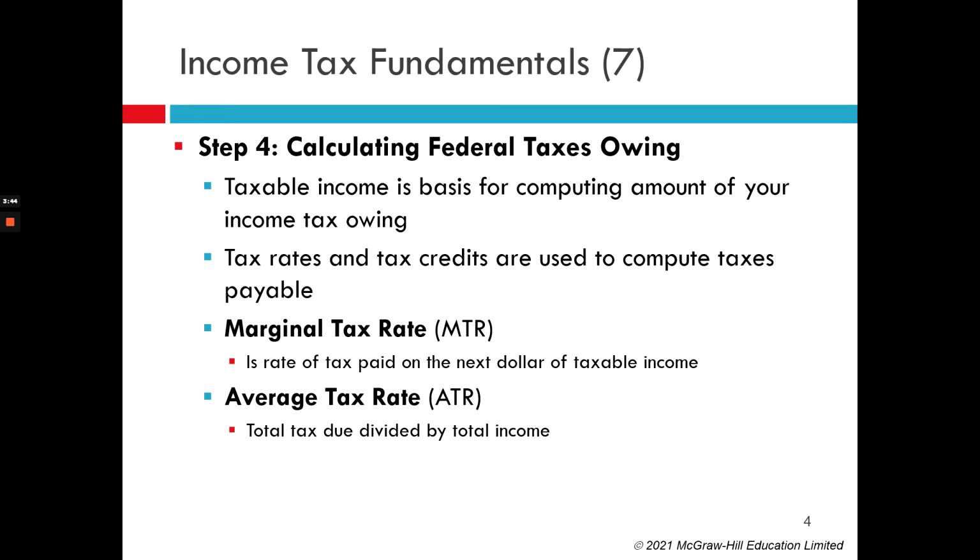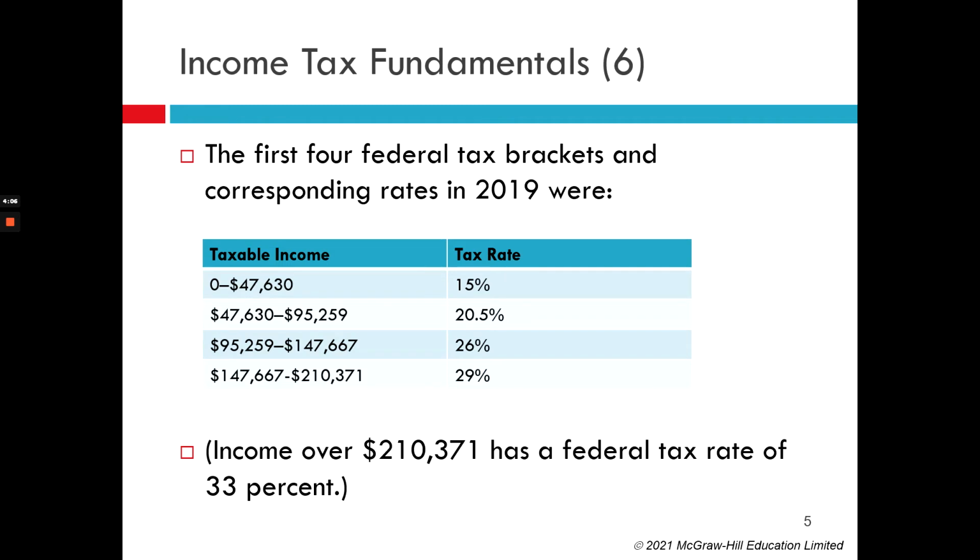My marginal tax rate is the amount that's paid on my next dollar of taxable income. And this is significant if you're considering taking more work. How much of it do you actually get to keep? But when it comes to calculating my taxes, only the portion that is in a particular bracket is multiplied by that bracket. So as of 2019, here are the federal tax brackets.